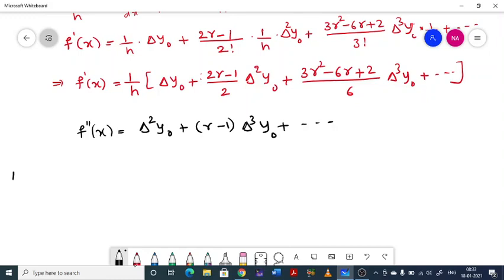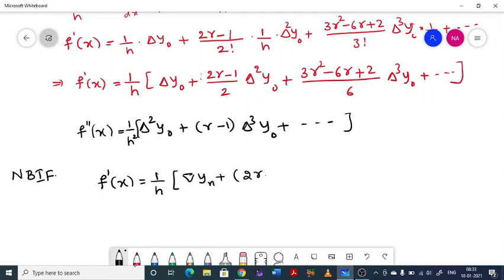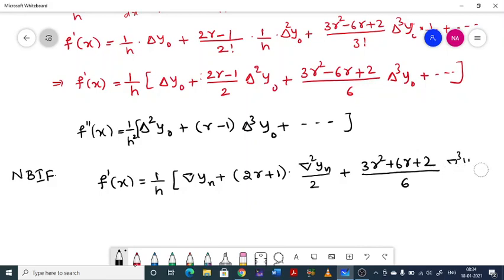Similarly, using Newton's backward interpolation formula, I will directly write the formula. f dash of x will be 1 by h into del yn plus (2r plus 1) into del 2yn divided by 2 plus (3r square plus 6r plus 2) divided by 6 into del 3yn plus and so on.